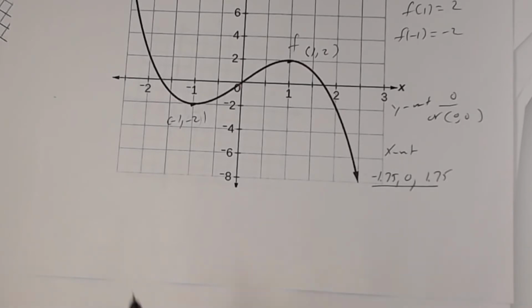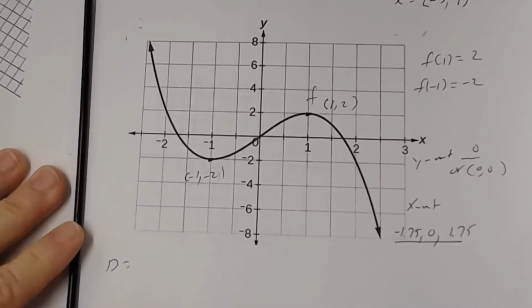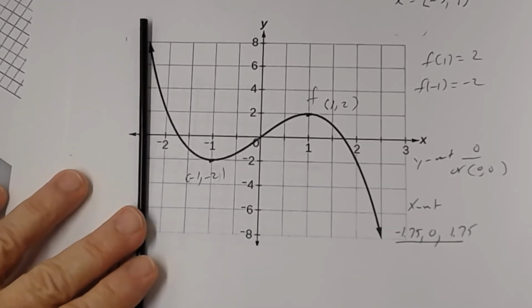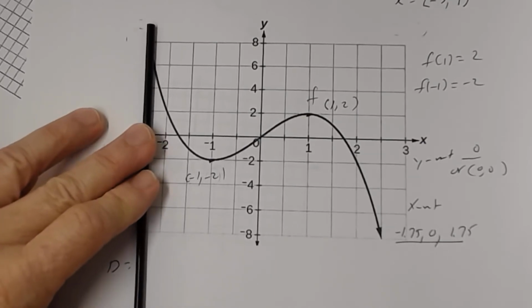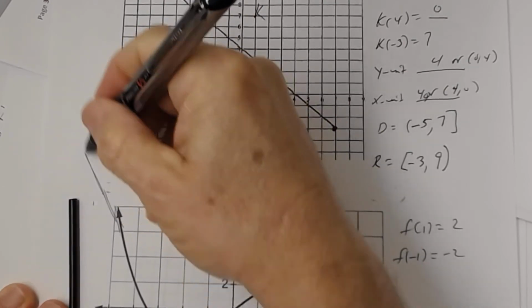Okay, now let's talk about the domain. What do you think the domain is? All right, so you agree with what Trey said? So remember, for the domain, you go along the x-axis. So you see this arrow right here, right? Now remember, the arrow doesn't mean that's where you start. The arrow means that this function keeps on going this way.